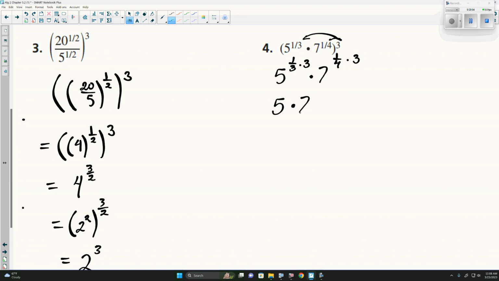So we just have 5 to the first. Now the 7, 1/4 times 3 is 3/4. So we get 5 times 7 to the 3/4. And that's it, because the 7 can't be rewritten as a number times itself. This is as simplified as it gets. Any questions on any of this here?